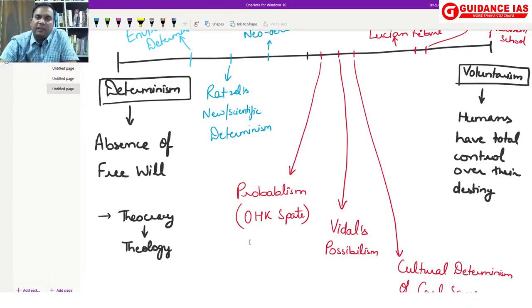Cause and effect relationship between the activities of human and the economic factors. ठीक है, इतनी बात समझ में आ गई. Cultural determinism is internal, then we'll talk about that later. It is a debate for later on. Abhi just the gist which I am trying to explain you, just try to understand that. ठीक है. So I hope this much is clear to you why we were calling them determinism, but we were putting them on the possibilism side.